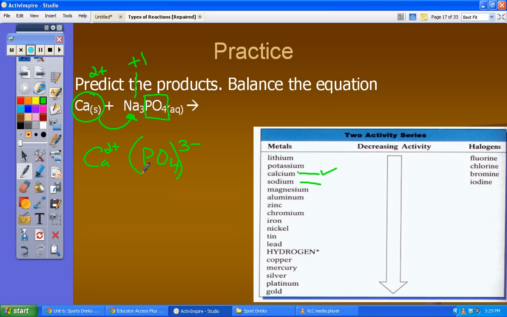We're going to do the crisscross rule. So there's going to be 2 phosphates, so (PO4)2. And this 3 over here is going to be the subscript for calcium. So it's Ca3(PO4)2. That's our first product.